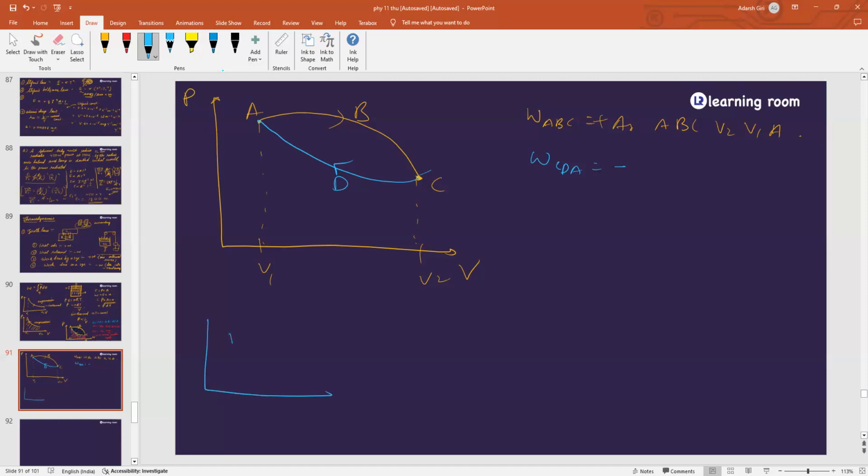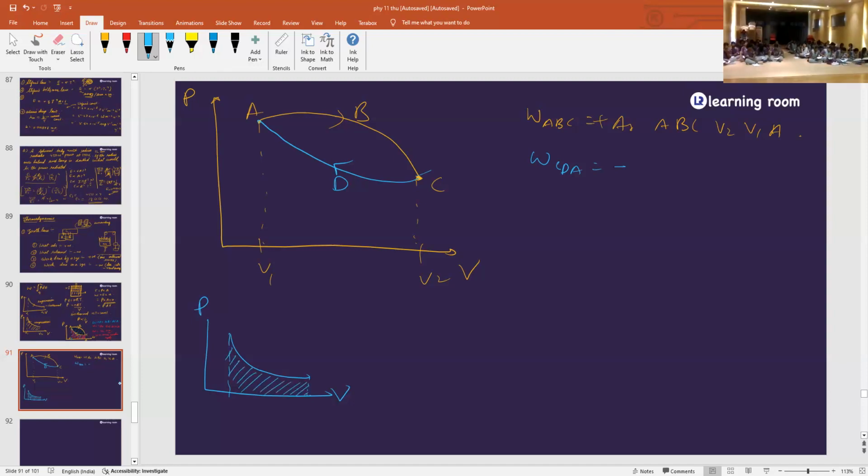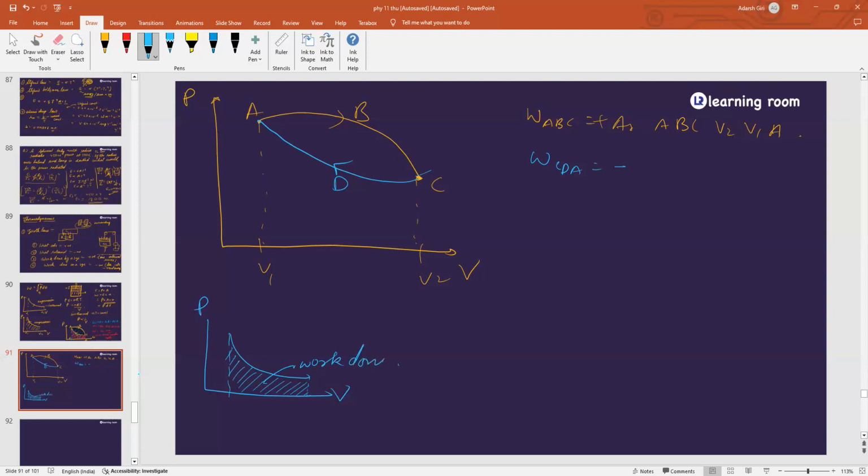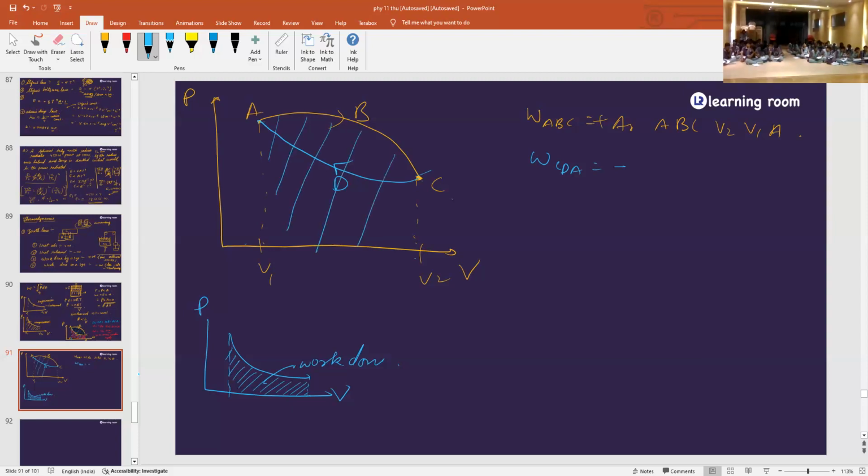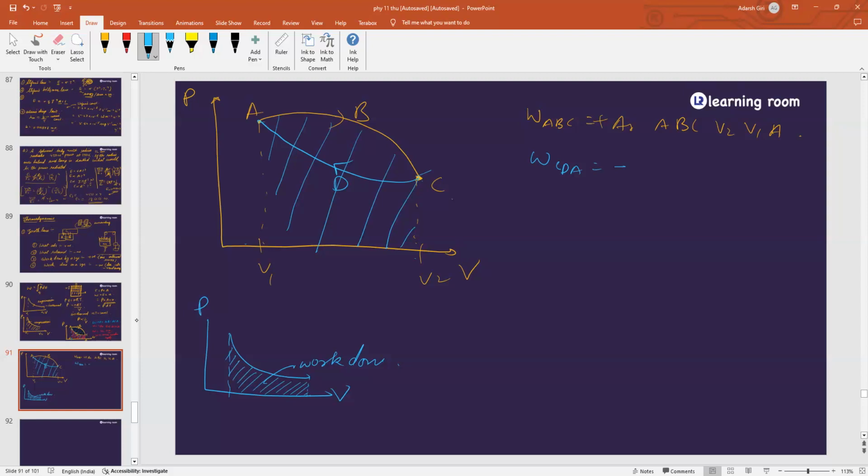If we want to calculate the work done in this curve, you will copy this path and find this area, and this area will give you the work done. So for ABC, this whole area A, B, C, V2, V1, A is the work done. And that is positive because it is expansion.